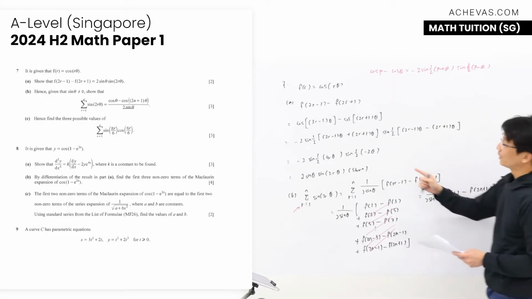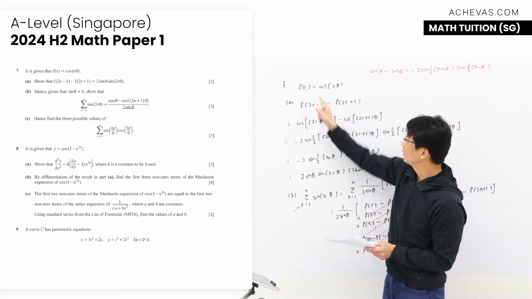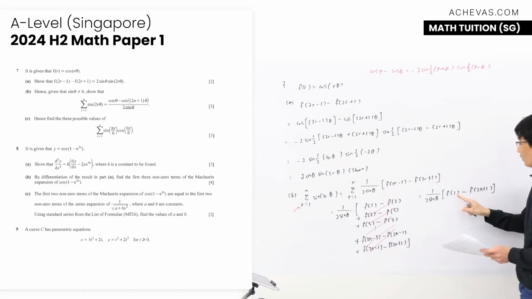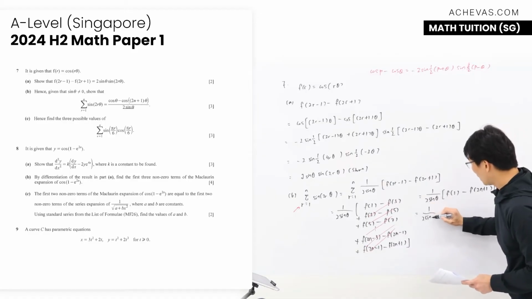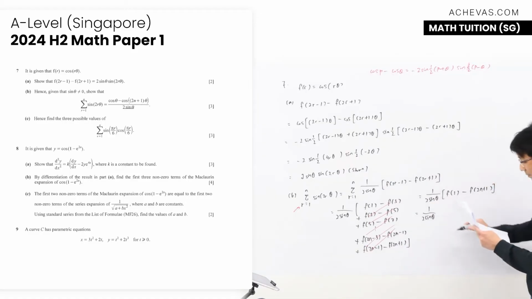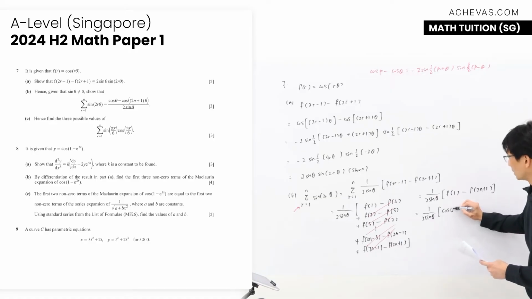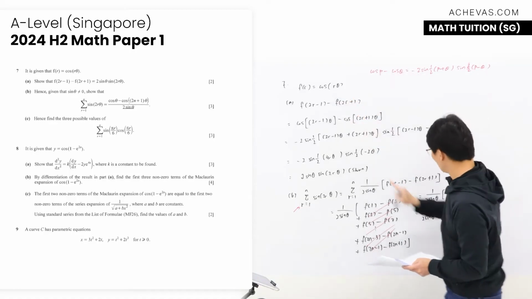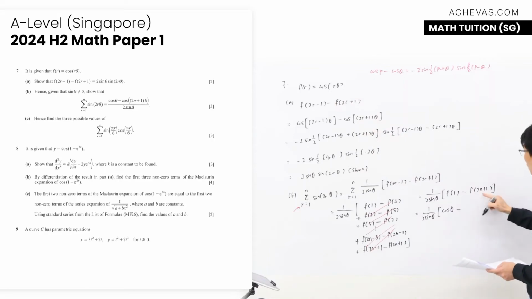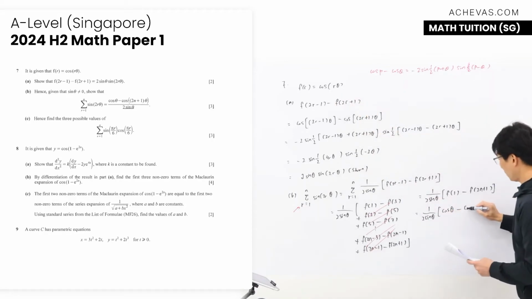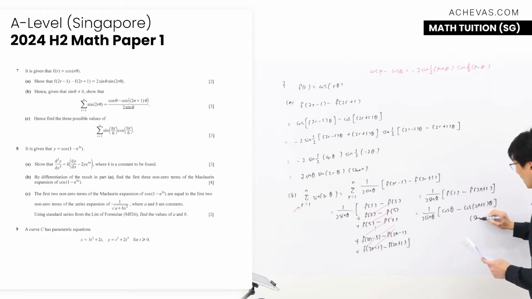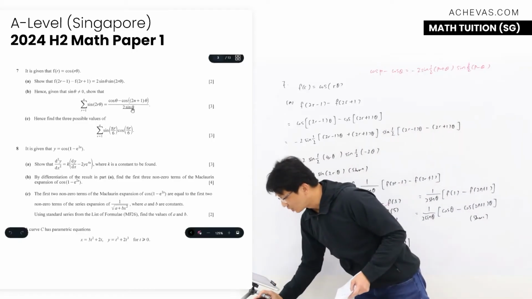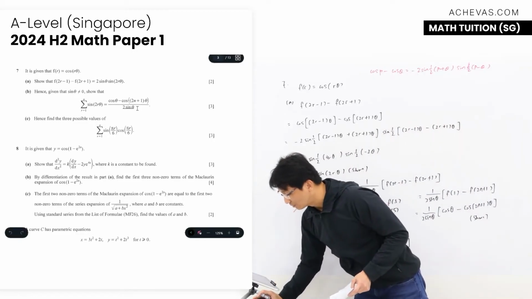Since we already know the definition of fr, I'm going to replace r with 1 for this, and replace r with 2n plus 1 for this term, which should give me 1 over 2 sine theta. For this case, it will just be cosine theta, because when you sub 1 inside here, it's cosine theta. Here, when you sub 2n plus 1 inside, you're left with cosine (2n plus 1)theta. I think this is the part which the question wants us to show. That is my part B.